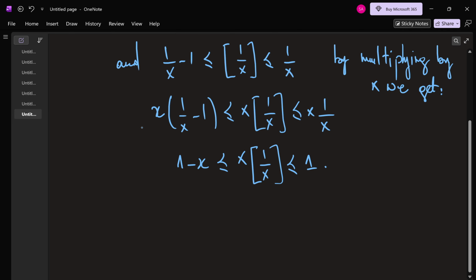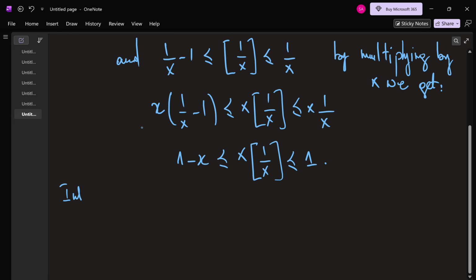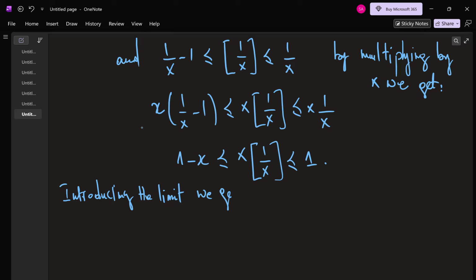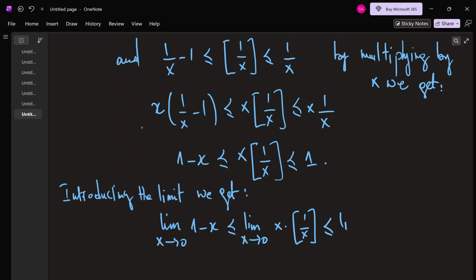So now introducing the limit, we get the limit when x goes to 0 of 1 minus x is less than or equal to the limit when x goes to 0 of x times the floor of 1 over x, which is less than or equal to the limit as x goes to 0 of 1.